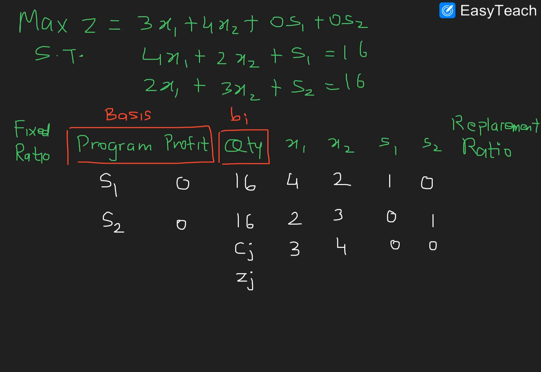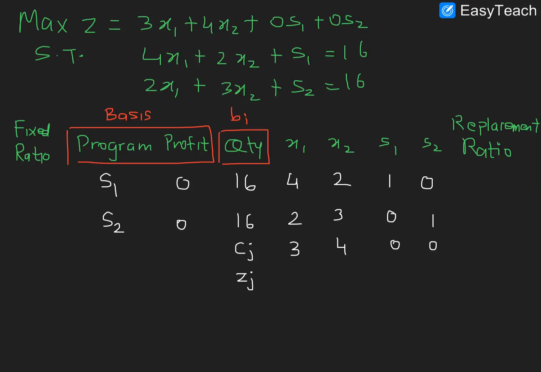Then the next thing that we calculate is Zj. Well, the Zj is indicating how much opportunity cost I am going to have if I produce x1. Now tell me, at this stage, when we aren't producing anything, are we really having any opportunity cost? Do I need to stop production of something else and produce X1, X2?